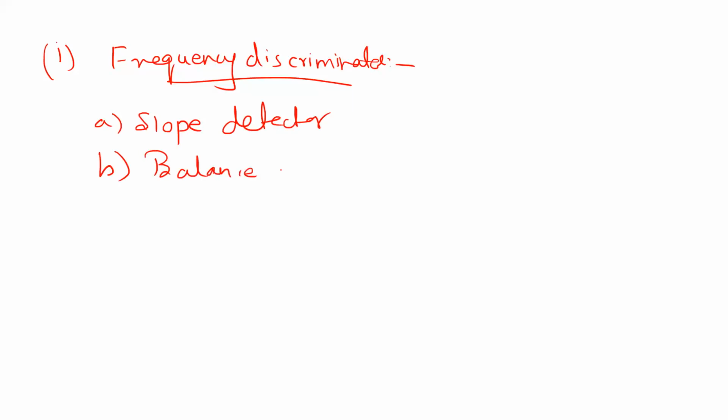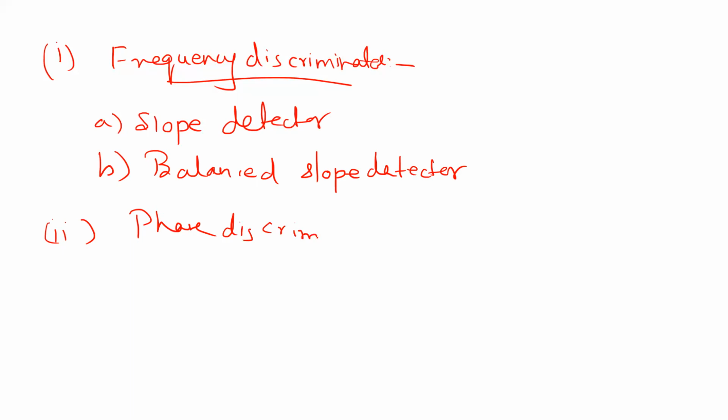Here they have just told you to name them, so I'm just naming them. You can also refer to the textbook. Balance slope detector. And then the most important one is the phase discriminator, which I'll teach you later on. That is the PLL, because the PLL diagram is shown over there. That is the phase lock loop.